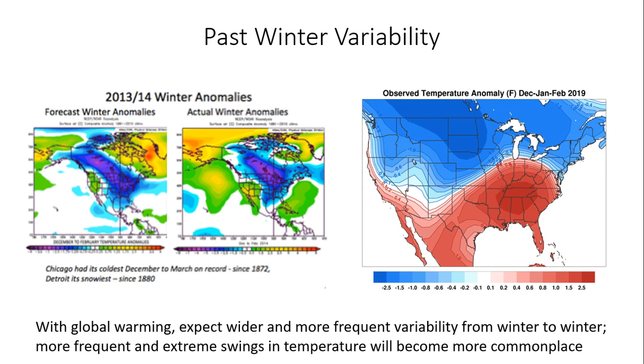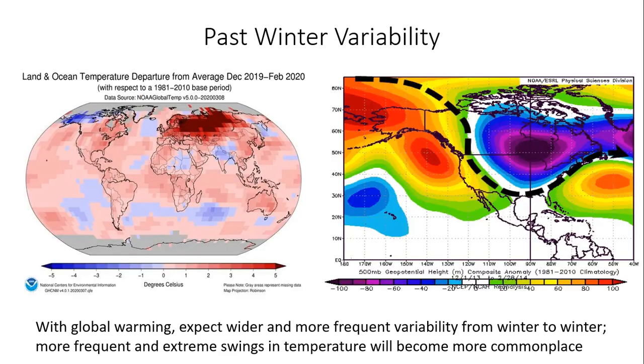This is going to become more commonplace, and I just wanted to show you a comparison between a very cold winter. I was mainly going back to 2010. When I saved these graphics, I wanted to show you over the last 10 years, or decade, how we're swinging from very cold winters on the left to very warm winters in the east on the right. And so we can expect this variability to continue.